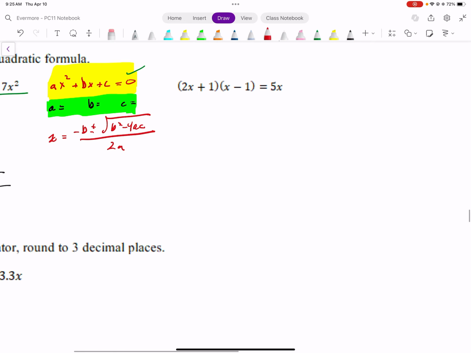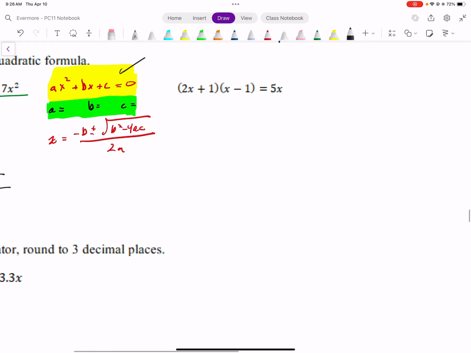Well, remember what we need to do. We need to make sure that our equation is in standard form. It's not. One side needs to be equal to 0, and we really need to multiply through. Nowhere in this form are there factors. So I'm going to expand the left-hand side.